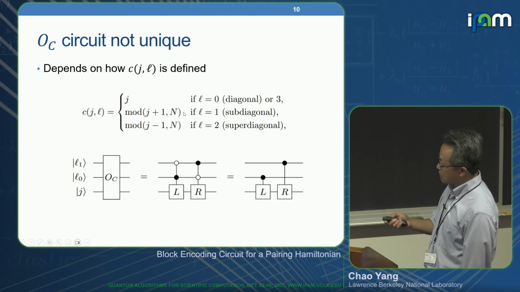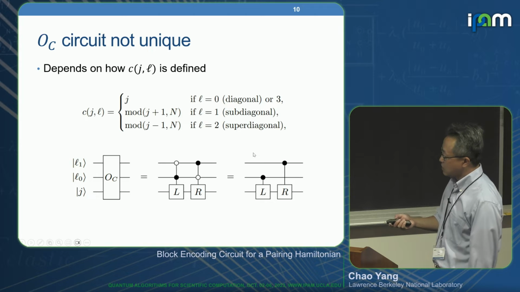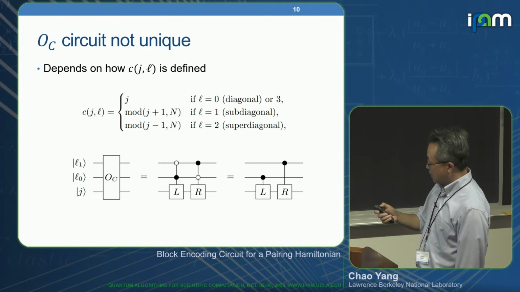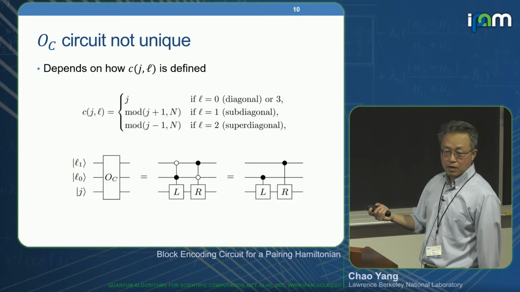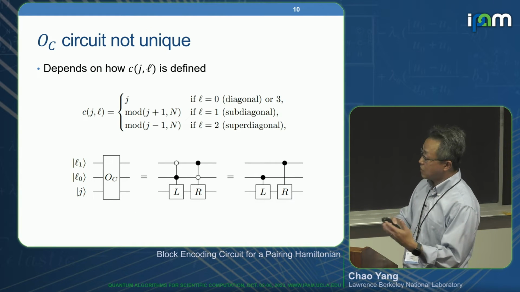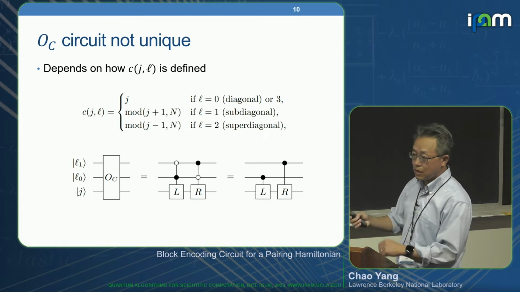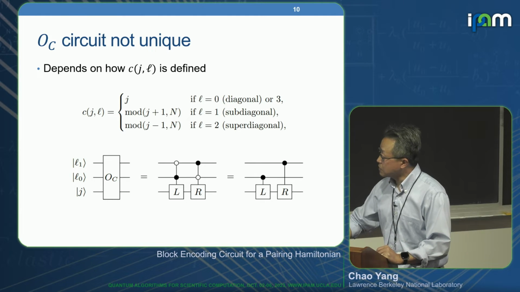The advantage of this definition, which ultimately gives you the circuit, is that you turn the multi-qubit controlled permutation into a single-qubit control. So there's some optimization you can do depending on how you define your c(j, L) function.